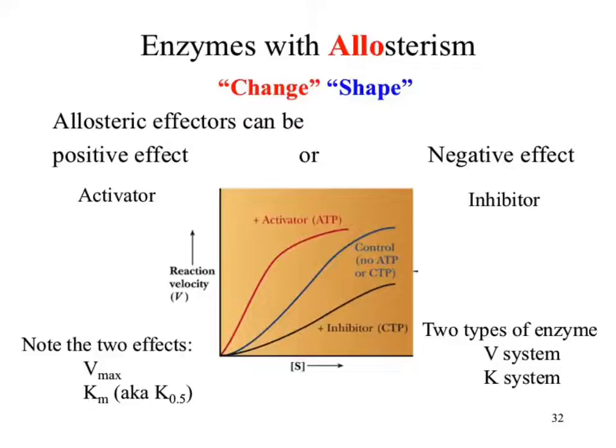We can still define that term for a sigmoidal or allosteric enzyme. We can't, however, call it Km anymore because it's not Km. The M is Michaelis-Menten. It's not Michaelis-Menten enzyme dynamics. So what do we end up calling it?